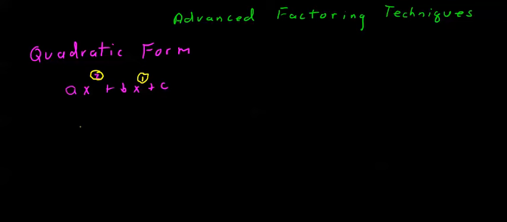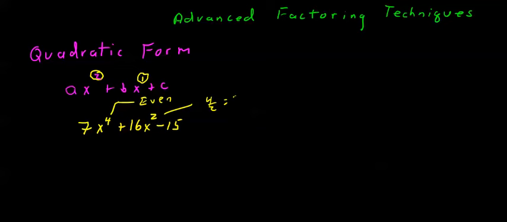For instance, let's factor 7x to the fourth plus 16x squared minus 15. We notice that this is even, and we notice that 4 divided by 2 equals 2.